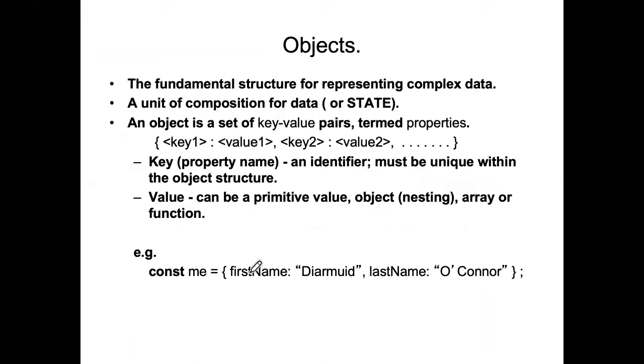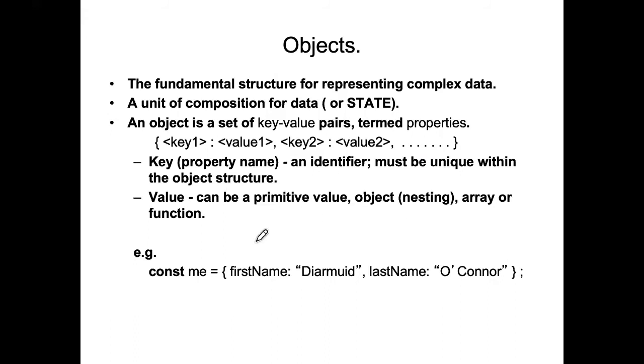If we fast forward down to here, here's an example which demonstrates the syntax of objects. We actually do use the curly braces. Normally curly braces relate to encapsulating logic, but we use the curly braces to encapsulate an object in JavaScript.